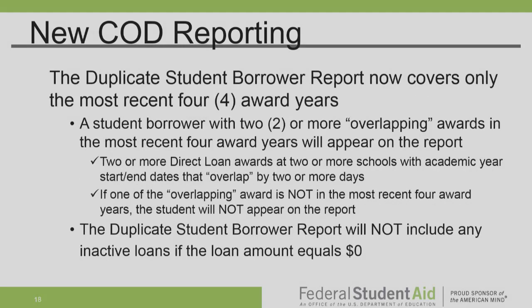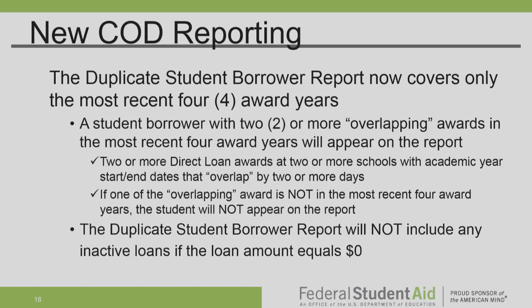The duplicate student borrow report now covers 4 years only. And there's a couple of qualifiers up there for students with 2 or more overlapping awards. And you can see the criteria there below. 2 or more direct loan awards at 2 or more schools with academic year start and end dates that overlap by 2 or more days, okay?